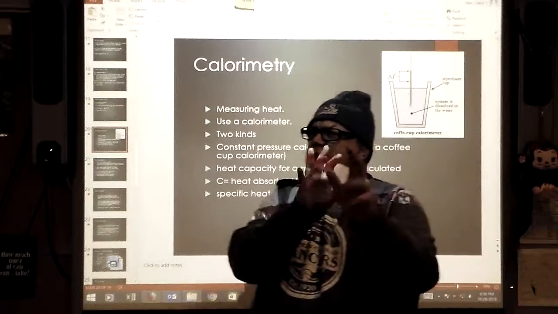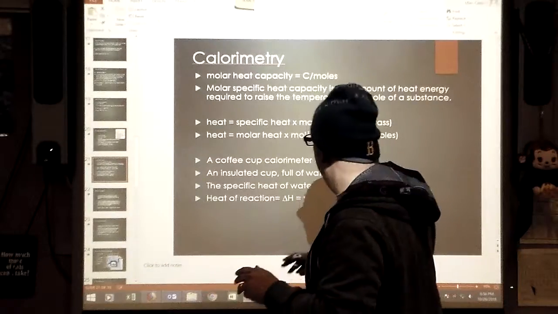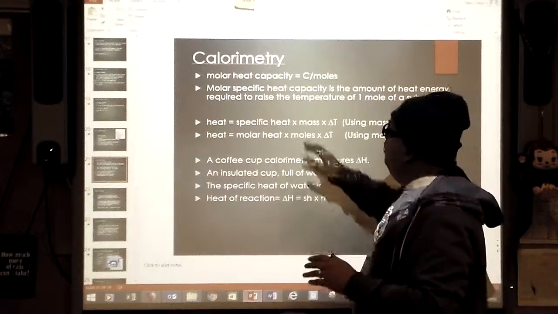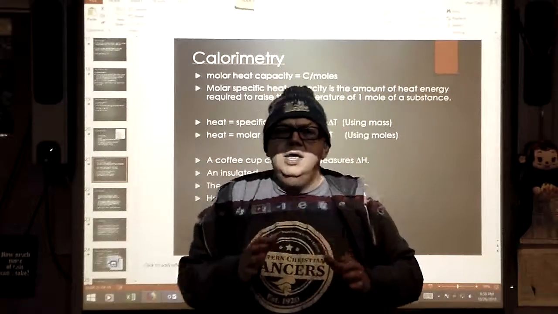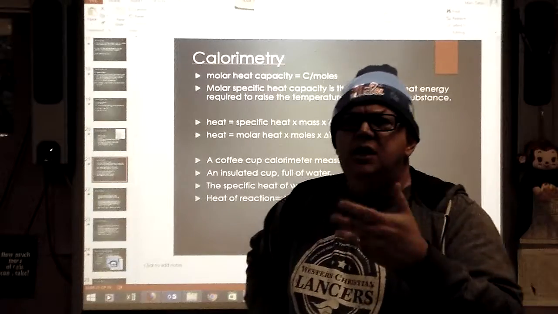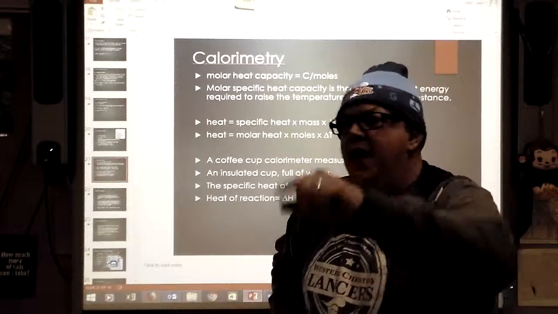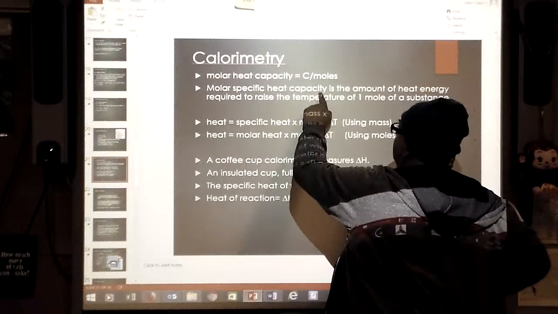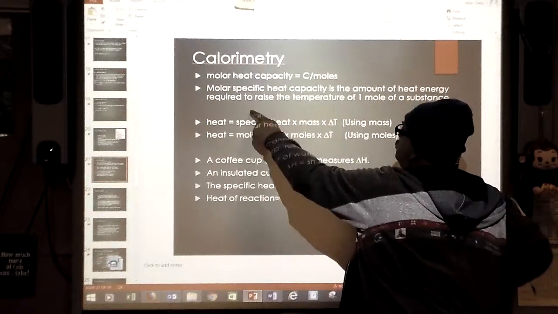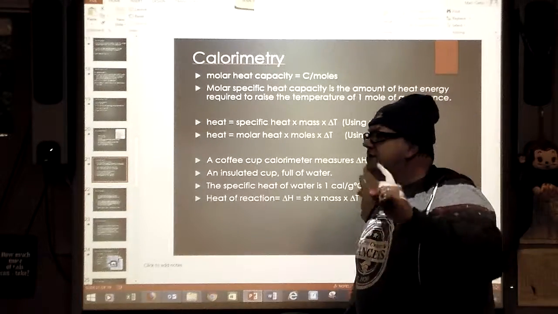Okay, that sounds like a lot of math. But we got to get to a point. And here it is. We got to look at molar heat capacity. If we're looking at how much heat is involved, the heat capacity per mole, that's a pretty important idea. The molar specific heat capacity is the amount of heat energy required to raise the temperature of 1 mole of a substance.